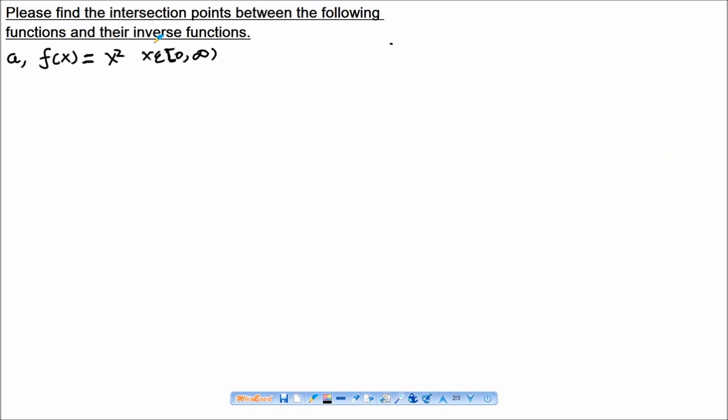Now let's look at this kind of example. Basically they ask me to find the intersection point between the function and its inverse function. Let's find its inverse function first. The original graph is y equals x squared.